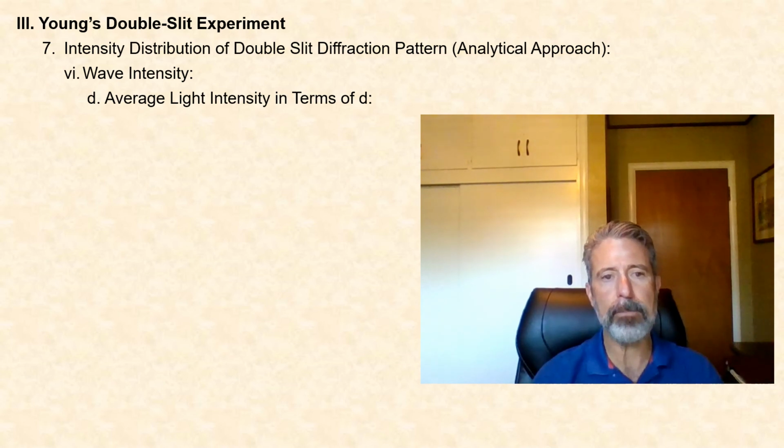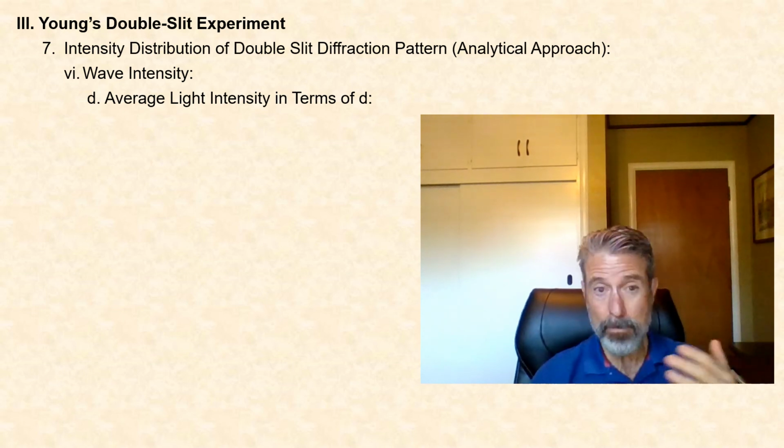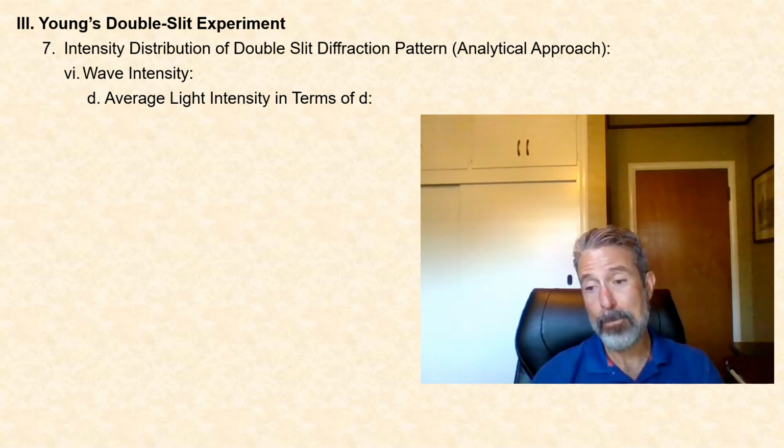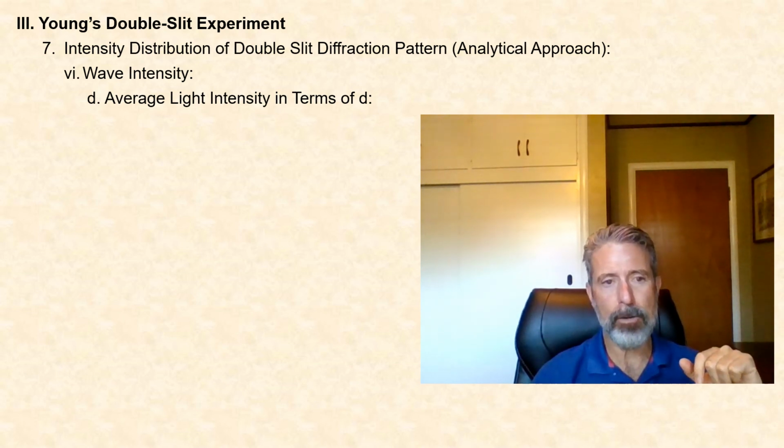The phase difference is expressed by the angle phi. But what we would like is an expression for the average light intensity as a function of either the angular separation theta or the fringe spacing on the screen, the distance between our fringes here.